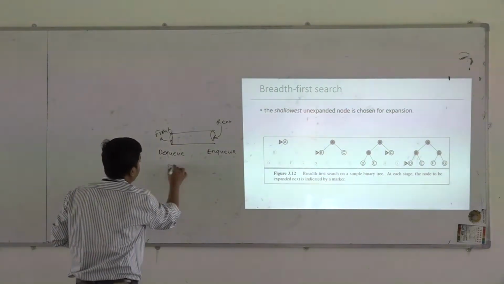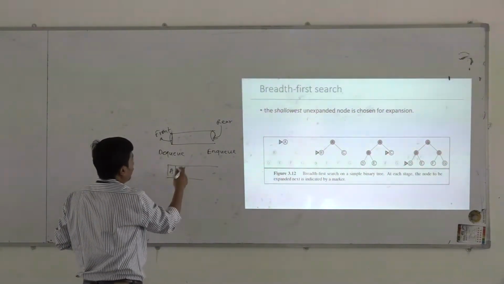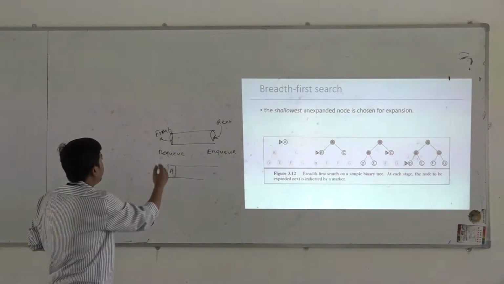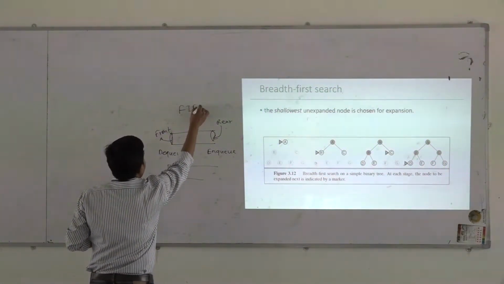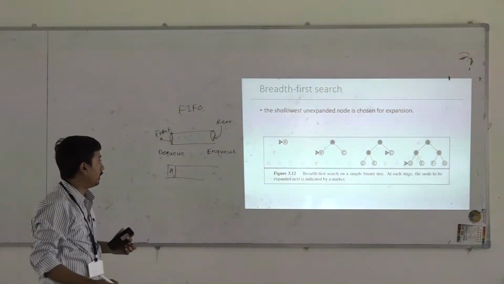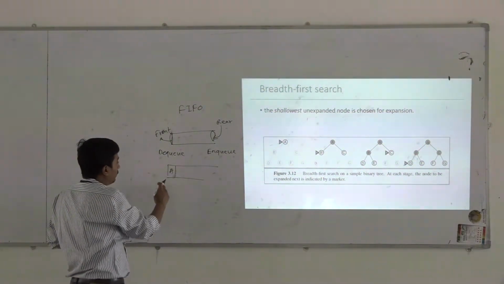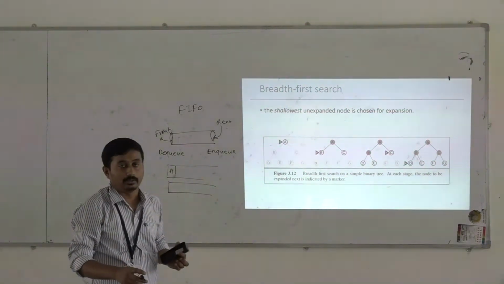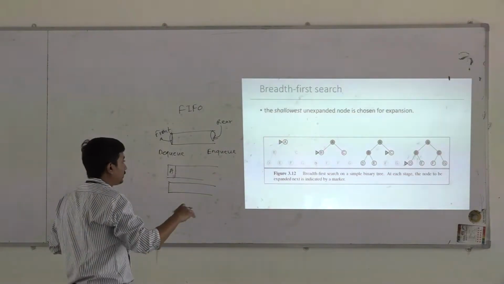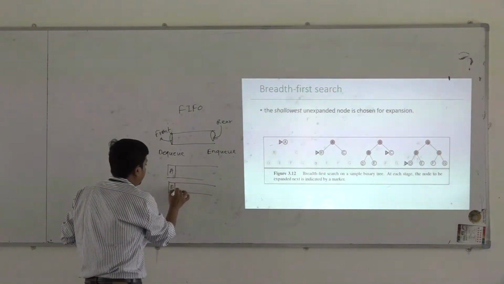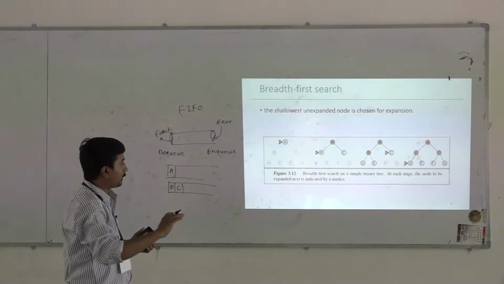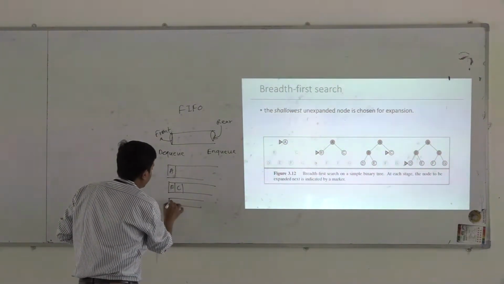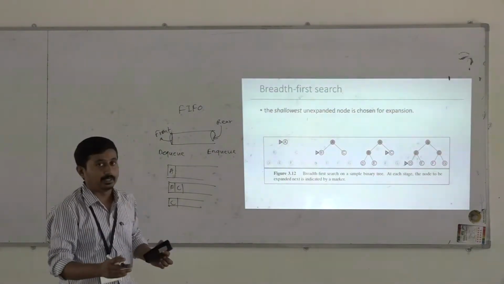Initially we will have A. Now our frontier is a queue here, and it follows a FIFO pattern: first in, first out. Initially A will be there. Now we will remove A and check whether it is a goal state or not. If it is not a goal state, we will expand it and add the resulting children to the queue. B and C are its children. Now B will be removed, and we check whether it is a goal state.